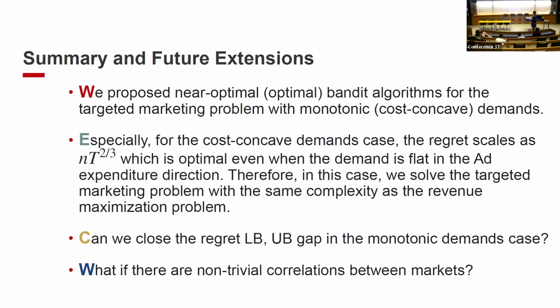Can we close the regret lower bound and upper bound gap in the monotonic demand case? And what if there are non-trivial correlations between markets? In our case, we assume that there are no correlations between these markets. They respond to their own marketing variable, but they could possibly have some correlations, and how to deal with that is the next question.